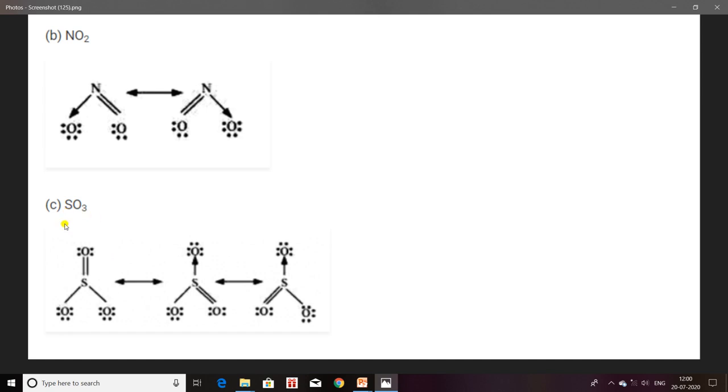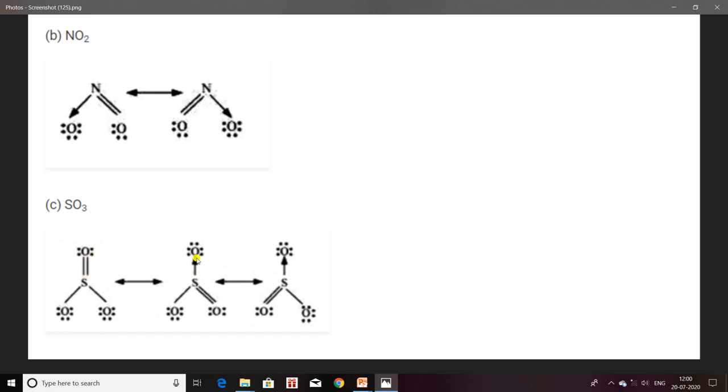Now next one is SO3. So this is the structure of SO3. Now here what will happen? A double bond is present between these 2 atoms. Now the double bond can be present here. It can come here, right? So these two electrons will shift here and they will make a double bond. When they make a double bond here, at the same time, this double bond will shift here in the form of an electron pair and it will become a single bond.